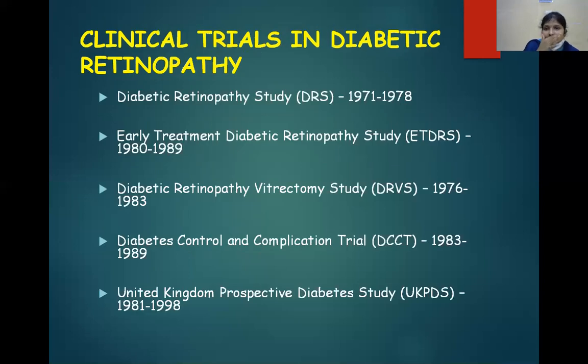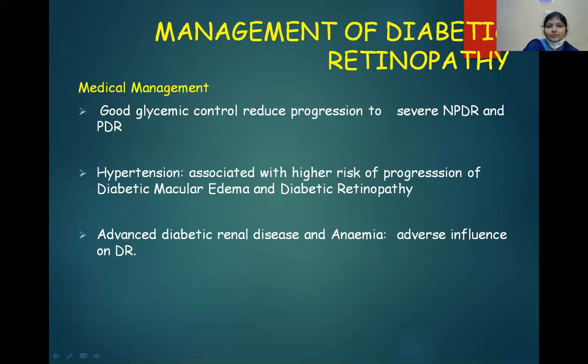So these are the various trials conducted in diabetic retinopathy: DRS, ETDRS, DRES, DCCT trial, and UKPDS trial. So coming to the medical management of diabetic retinopathy. Good glycemic control reduces the progression, and associated hypertension should also be corrected.